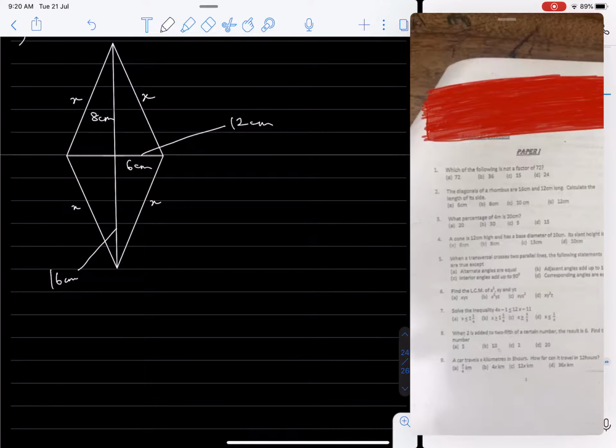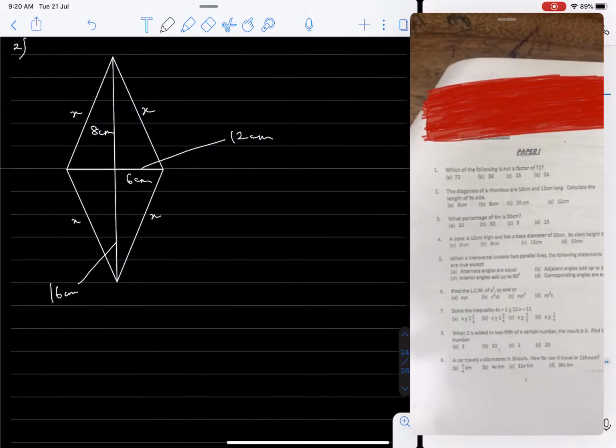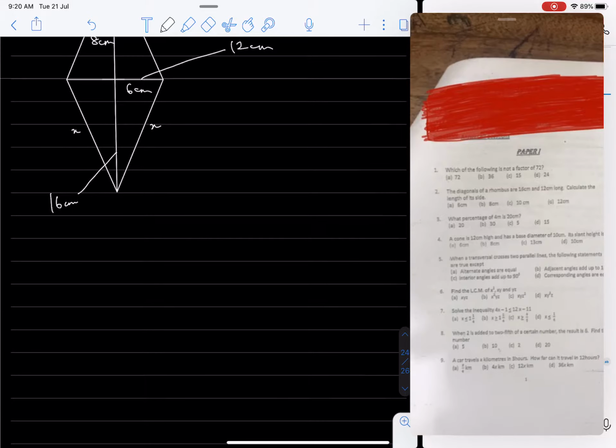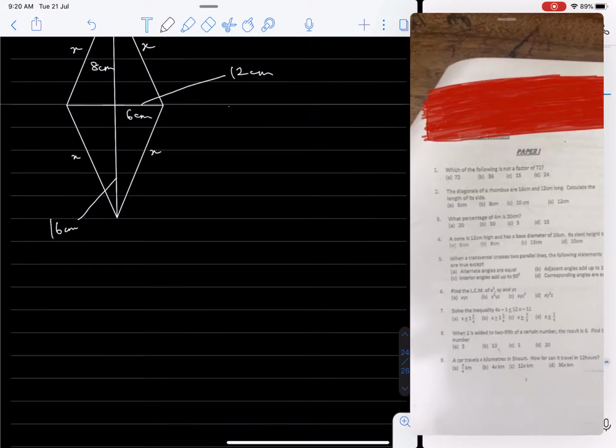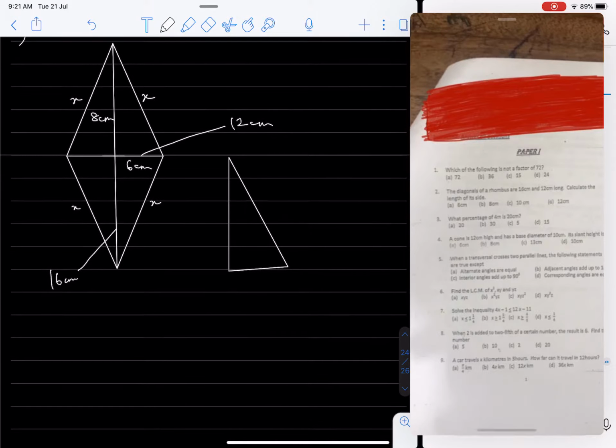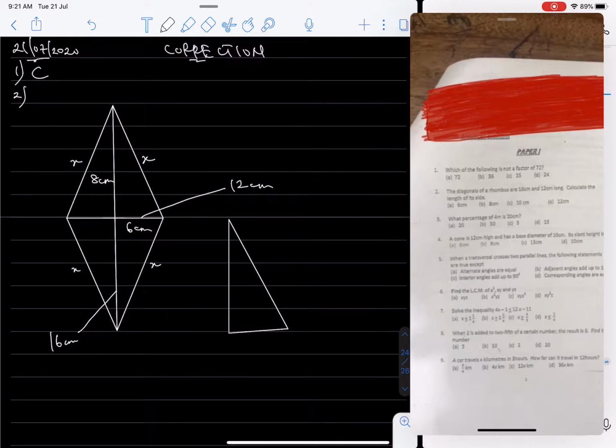Now we can bring out this right angle triangle to find the length of each side of the rhombus.